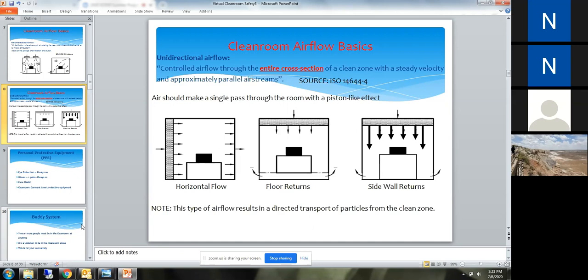So the air from the clean room, let's say we are looking at this clean room of airflow basics. This box represents the clean room bay. The area on the sides represents the chase.